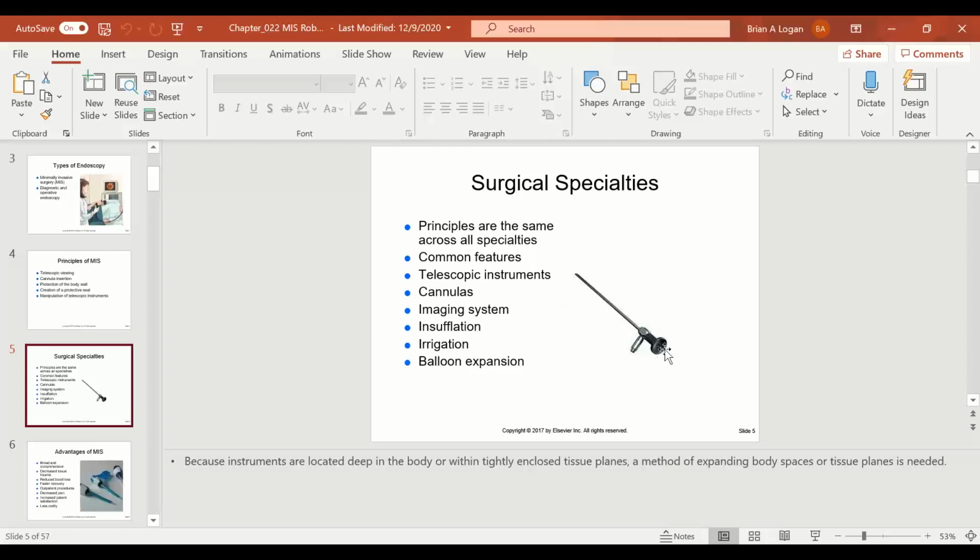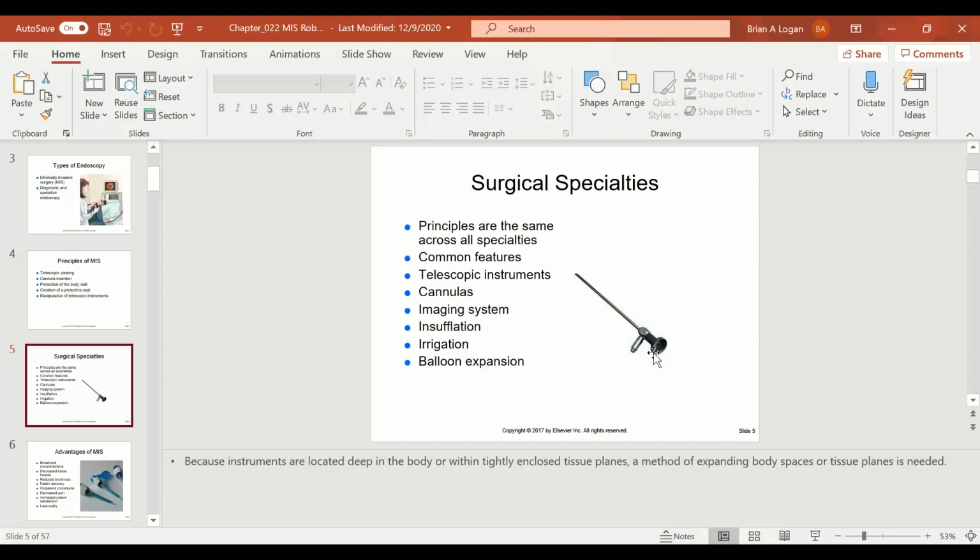You have to have some kind of scope like this. You need a cannula to put that scope in, to leave the portal or the incision you make open, so you can go in and out with instrumentation. You don't have to go in through that little incision and find your way every time you want to put something in.